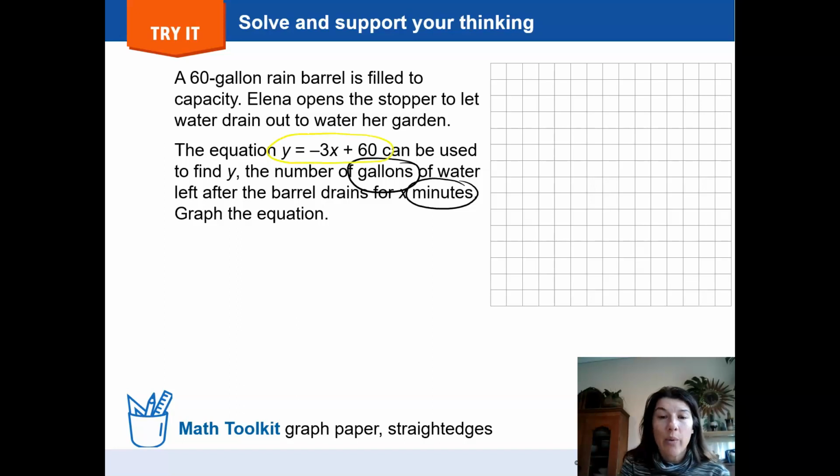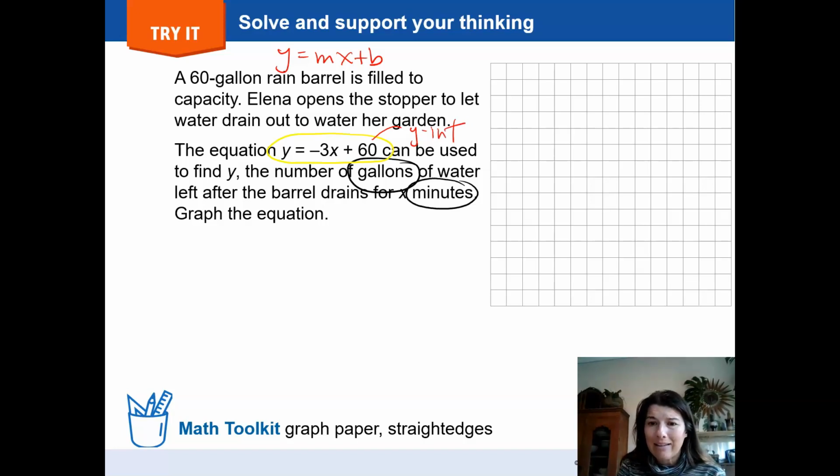So here is your equation that relates gallons of water to minutes. We know a lot about a situation once we have been given the equation. Notice if you squint really hard, we have it in the form of y equals mx plus b. That number added to the end represents our y-intercept. It's where our graph is going to cross the y-axis.